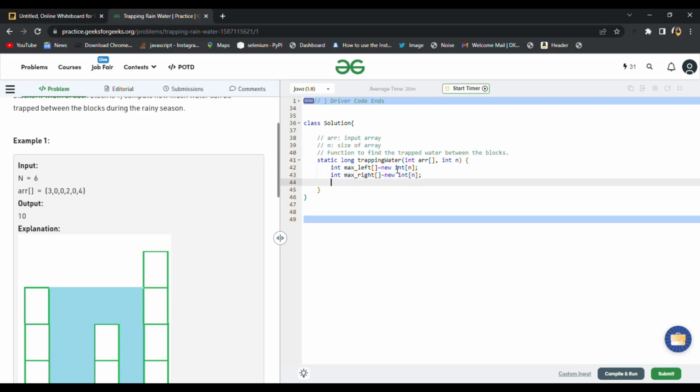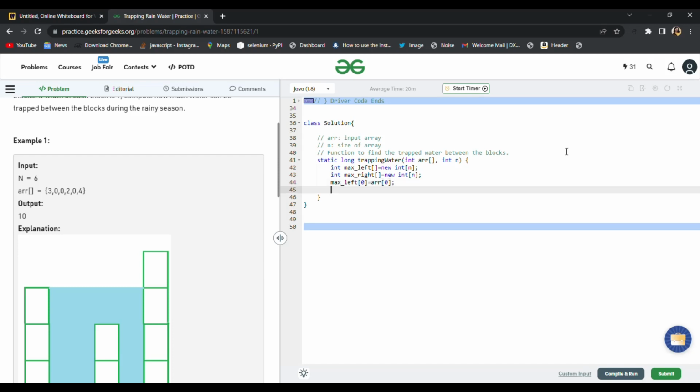Now first we'll populate max left array. As you remember, max left array needs to be populated from left to right. So first we'll initialize the 0th index of max left array with the 0th index of the array which is already defined.